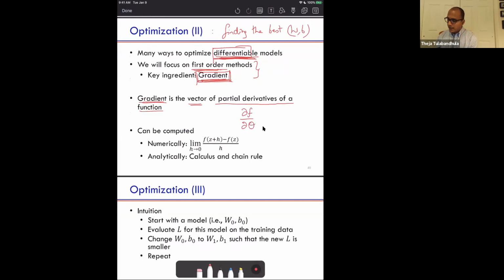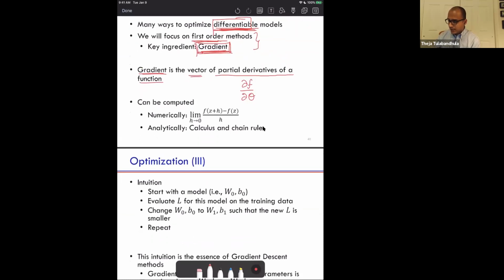It's a vector: if theta is two-dimensional, the gradient is a two-dimensional vector, and so on. And we can actually compute gradients numerically. Since it's a partial derivative, remember, let's say theta is two-dimensional.